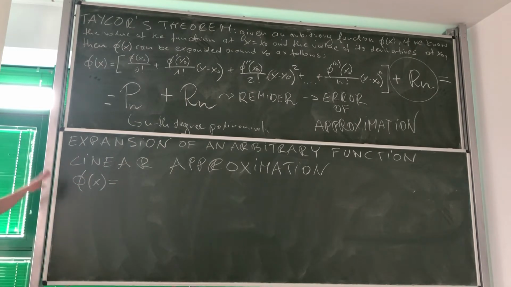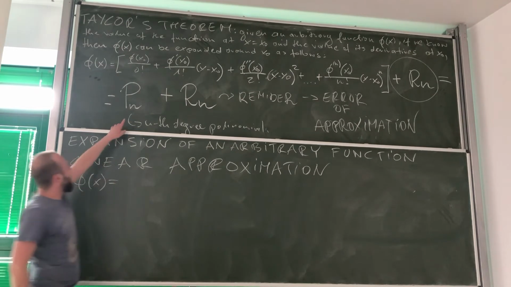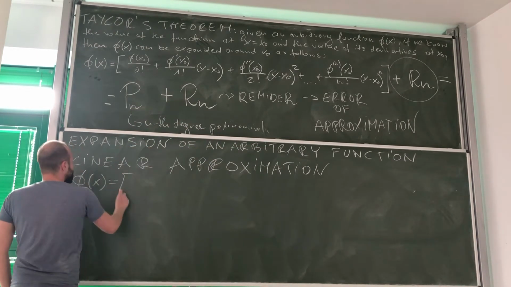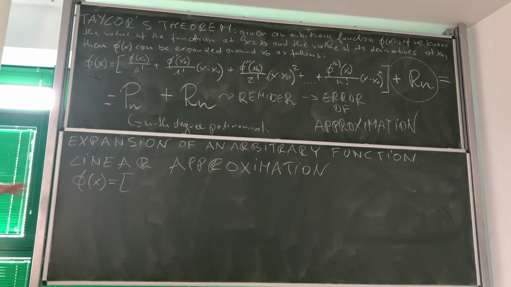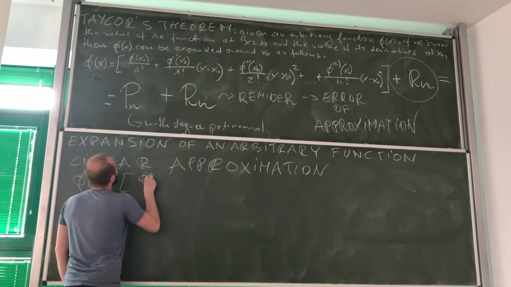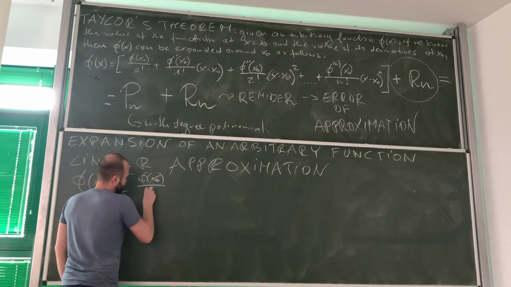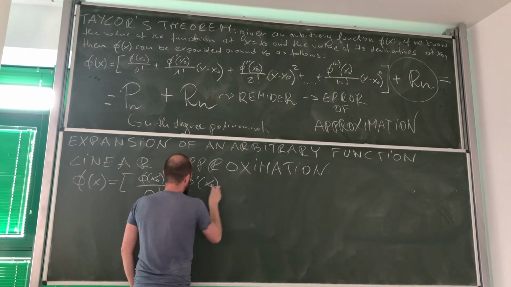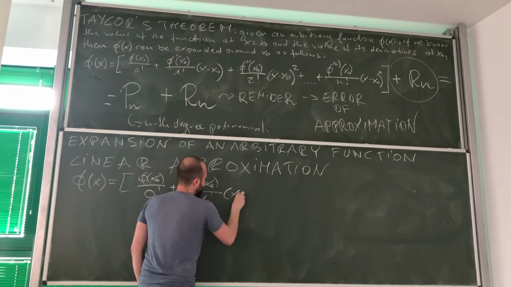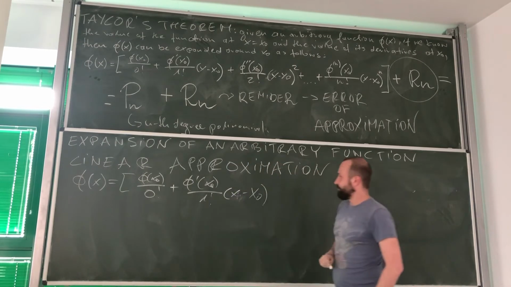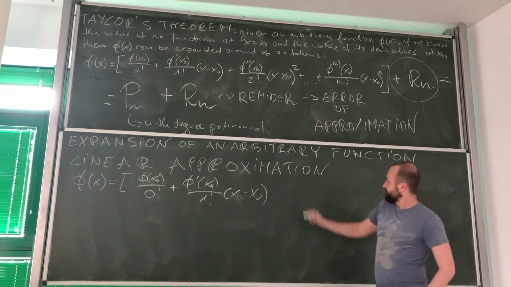If we are talking about linear approximation, it means that n, the degree of the polynomial, is 1, right? So we are simply assuming that the function that gives us the linear approximation is just two components. So phi of x0 over 0 factorial plus phi prime of x0 over 1 factorial times x minus x0, right?